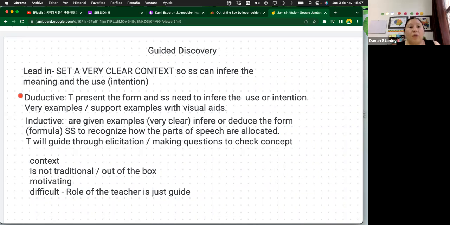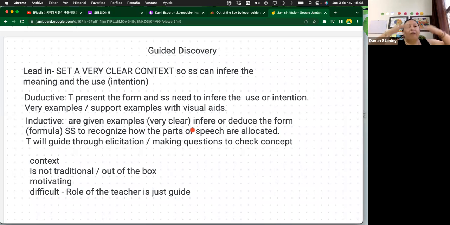If they are going to be making deductions or it is going to be an inductive activity, because there are two ways to do the guided discovery. The deductive is when the teacher presents the form, the formula, and because of the contextualization, they infer the use or the intention.